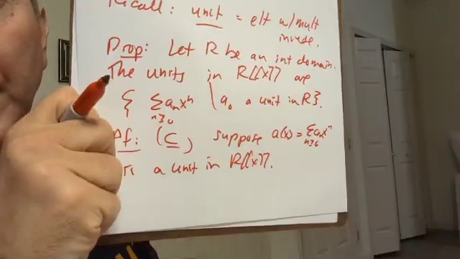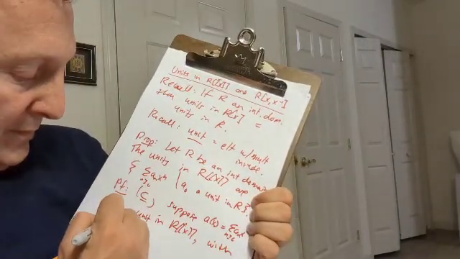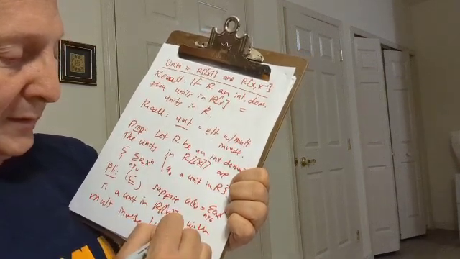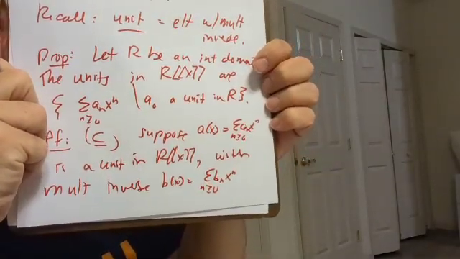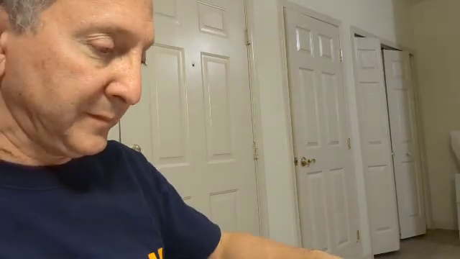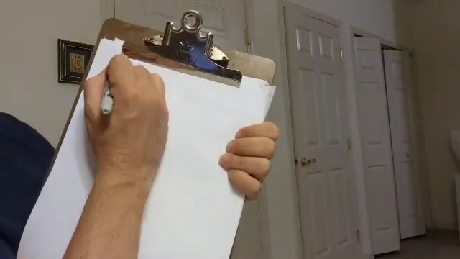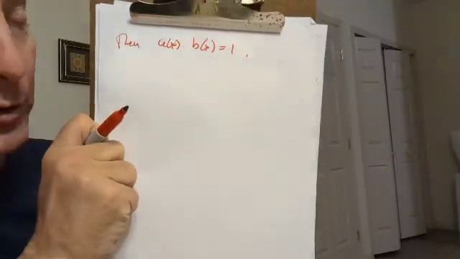Let's call that power series B, so it's a unit with multiplicative inverse B(X), b0 plus b1x plus b2x squared plus b3x cubed, etc. Well, if that's true, then A(X) times B(X) has to be equal to 1. That's what it means for B to be the multiplicative inverse of A.